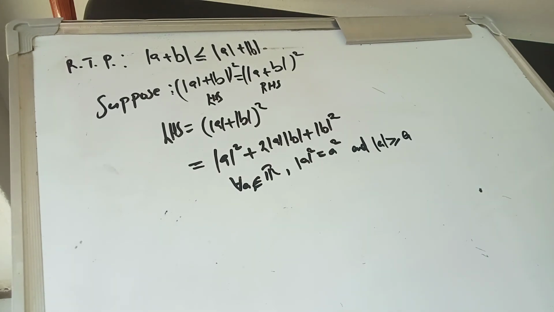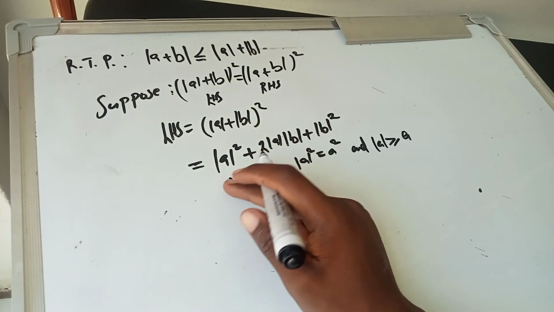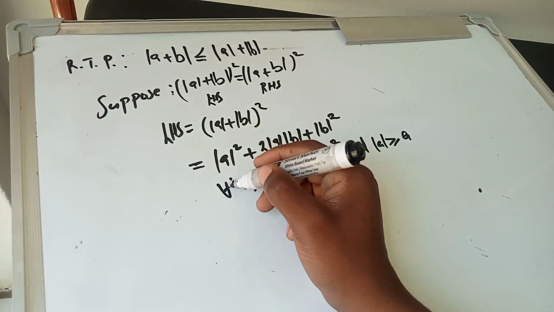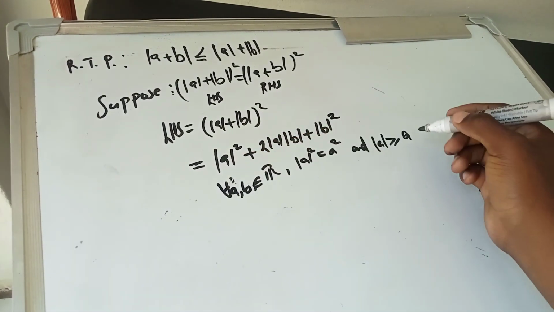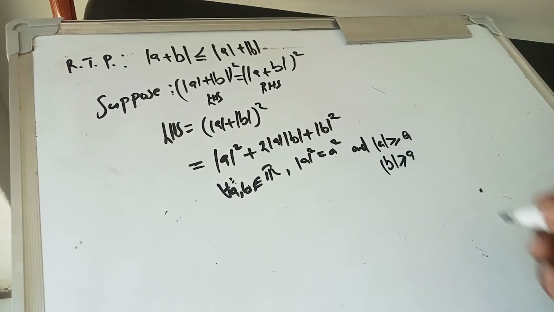You can try a equals negative 1 and you will see what I'm talking about. And for all a and b in real numbers, this also happens. You are supposed to know that.